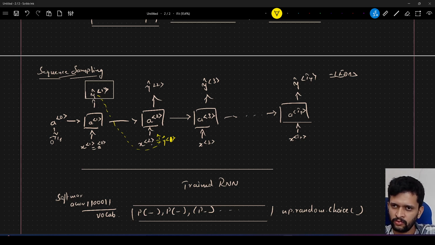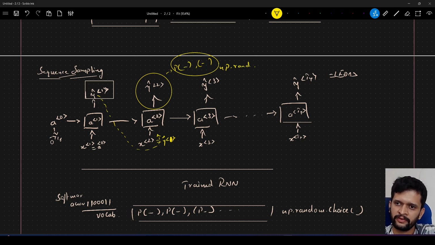So X2 will be equal to Y hat 1. Then I get my predicted Y hat 2, again probabilities across the 1000 word vocabulary. Again I use np.random.choice to select one word randomly and feed it as input to the next time step. So my X3 will be equal to Y hat 2.